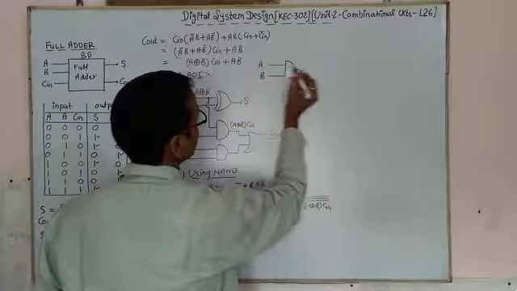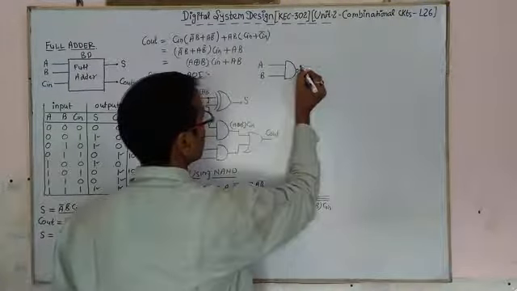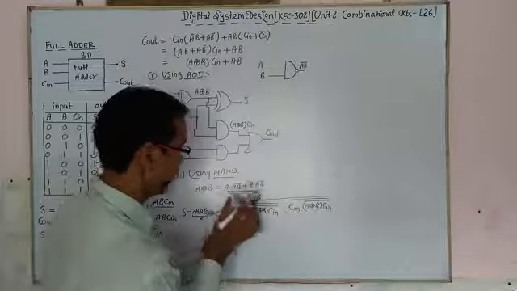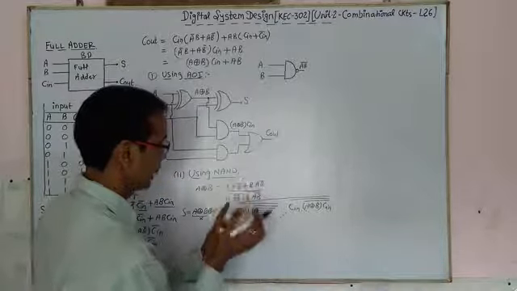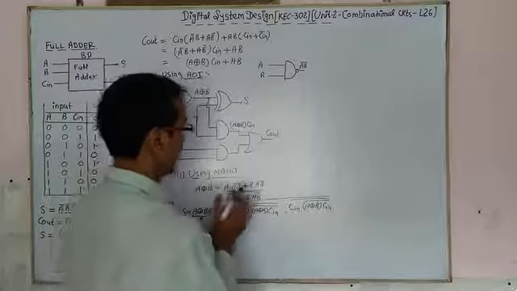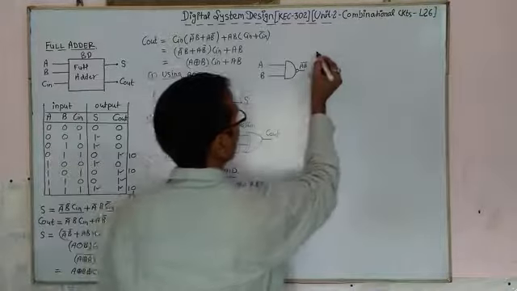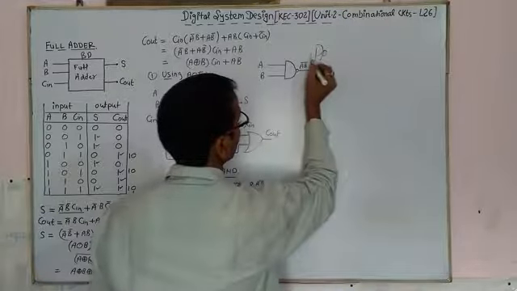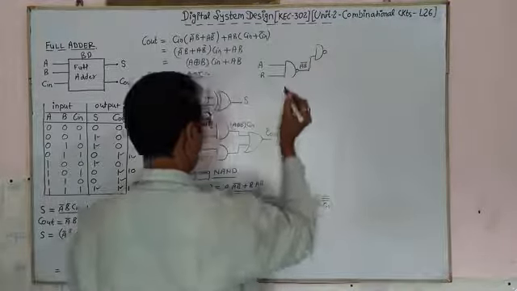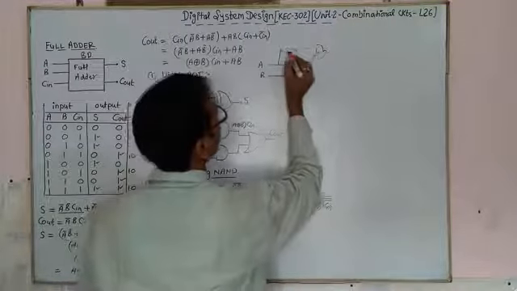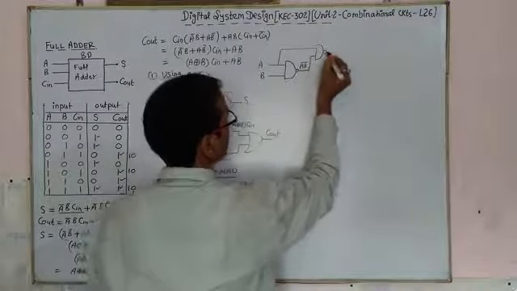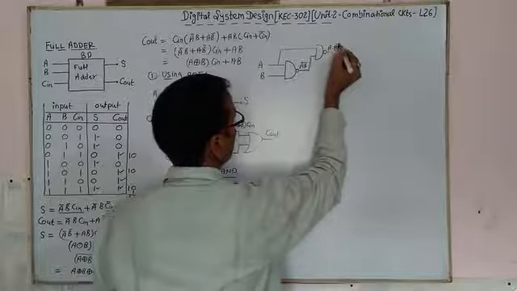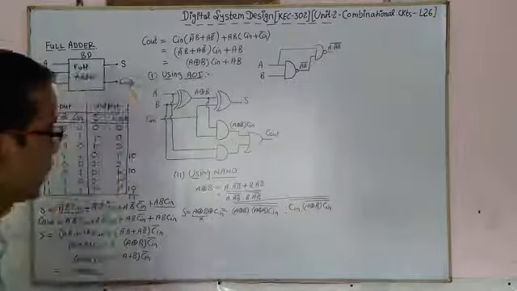Now multiply with A. Again we will use another NAND gate, one input is A B bar and the second input is A. So A into A B bar, and we will get here A into A B bar, whole bar.